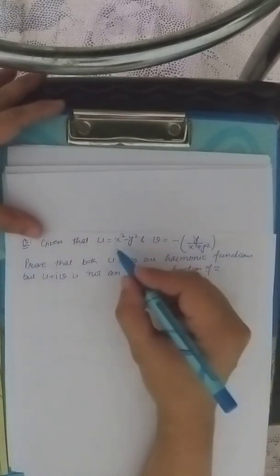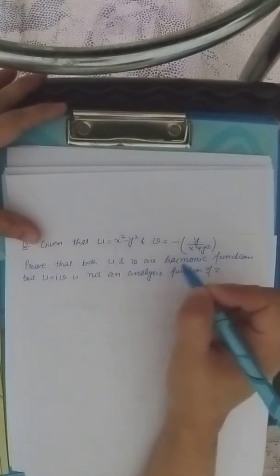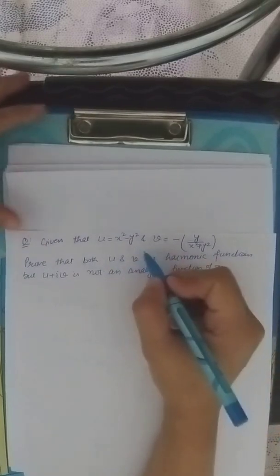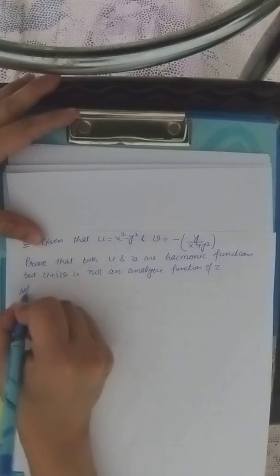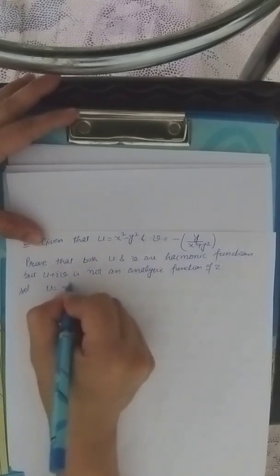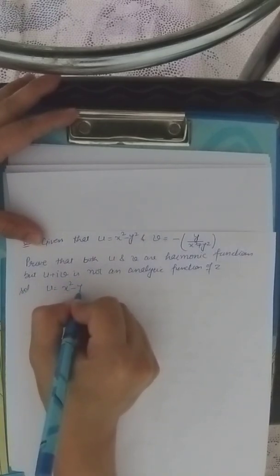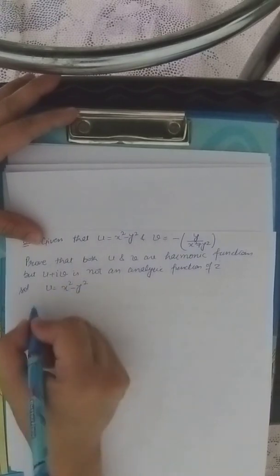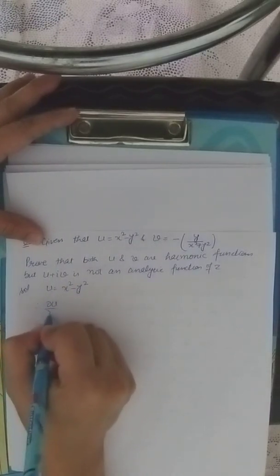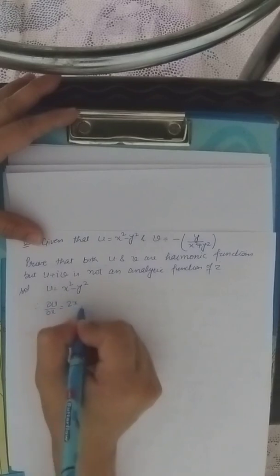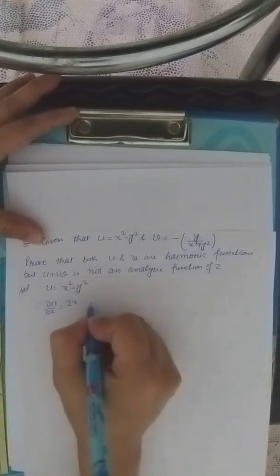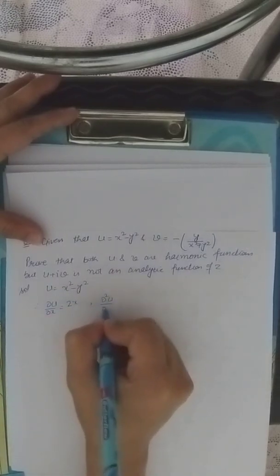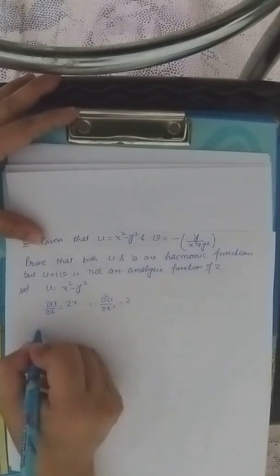Now first of all I will show that u and v are harmonic. Harmonic meaning both of these satisfy Laplace equation. Now u is x square minus y square, therefore the partial derivative of u with respect to x is 2x, and the second partial derivative of u with respect to x is 2.